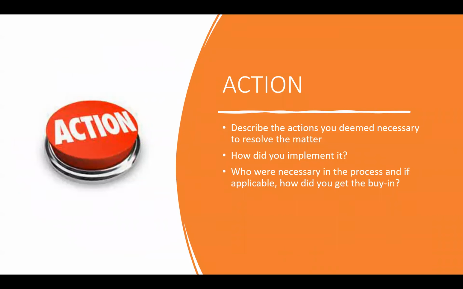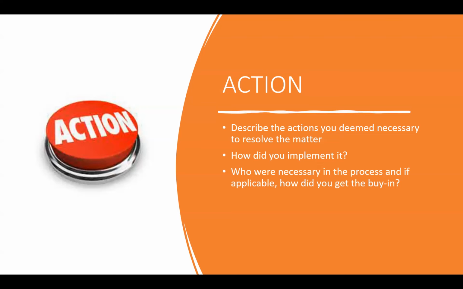And then A is for action. What action did you take that you deem necessary to resolve the matter? How did you go about planning and executing that action? What was necessary? What judgment did you have to lean on? Who were necessary in that process? Did you have to put together a team? Did you have to do research?